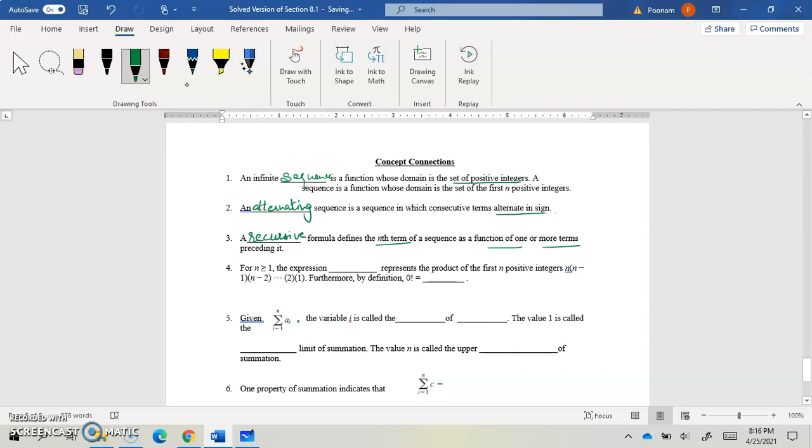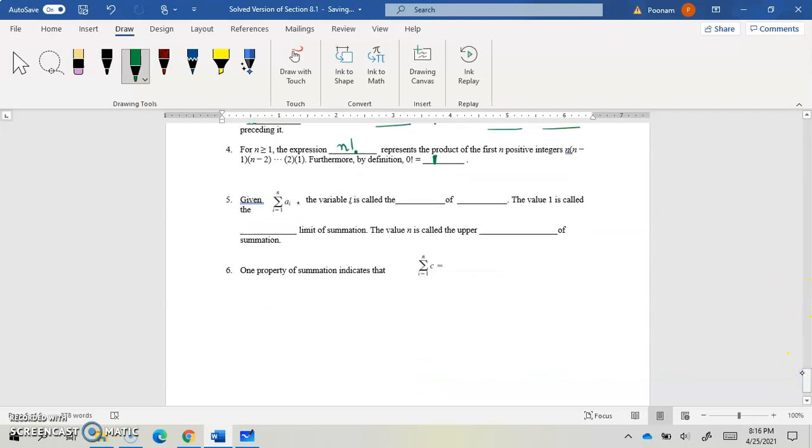For n more than or equal to 1, the expression that represents the product of the first n positive integers, n times n minus 1 times n minus 2 and so on till 1, is called n factorial. Furthermore, by definition, 0 factorial is always equal to 1.